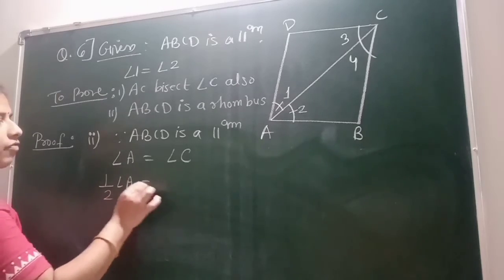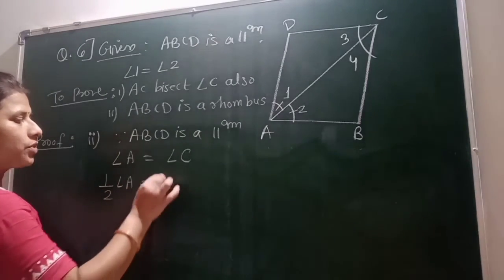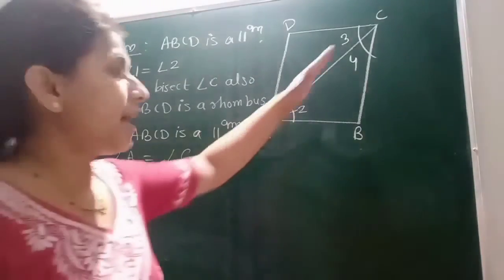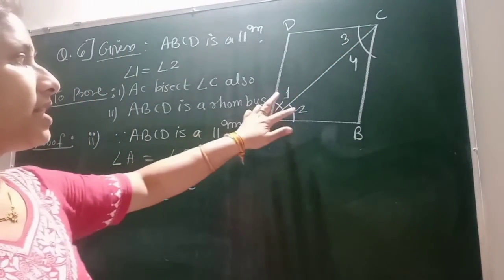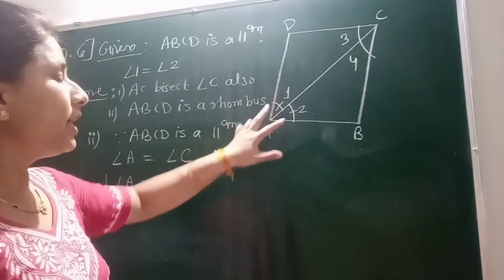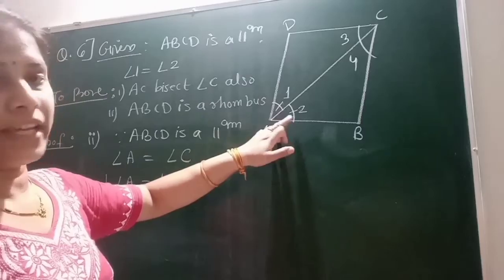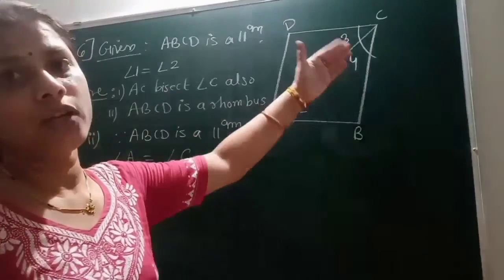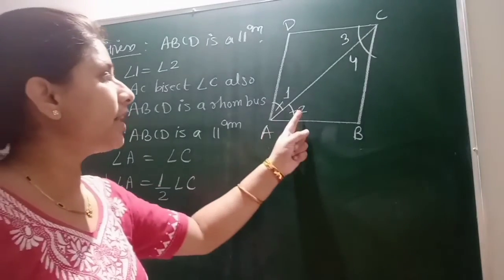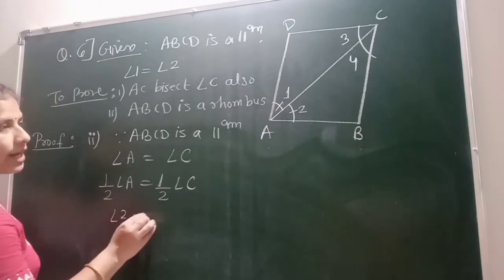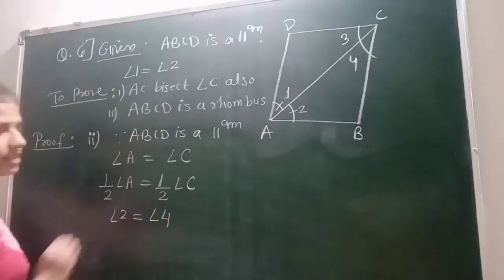It means half of angle A equals half of angle C. And as we know, this diagonal AC is dividing angle A and angle C into two equal parts. So in place of half of angle A, we can write angle 1 or angle 2, and here we can write angle 3 or angle 4. I am taking here angle 2 and angle 4. So half of angle A means angle 2, and half of angle C means angle 4.